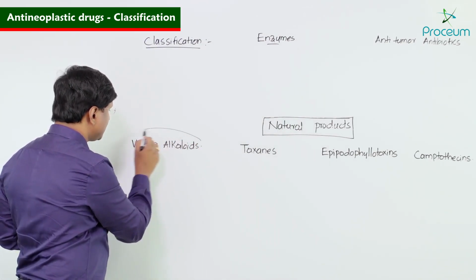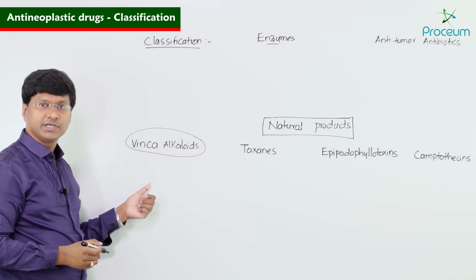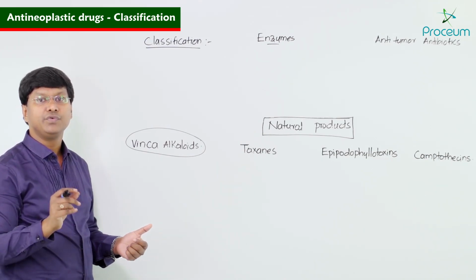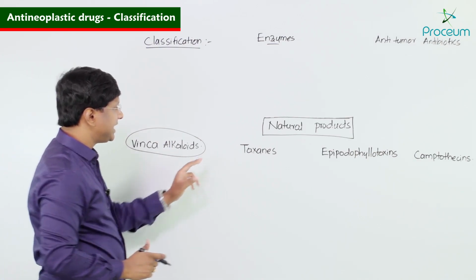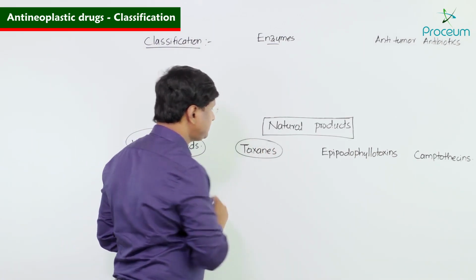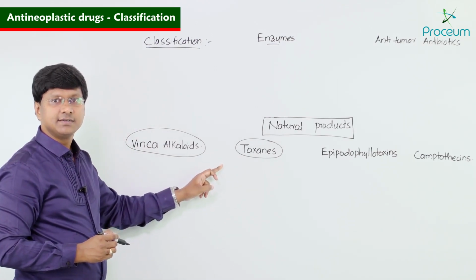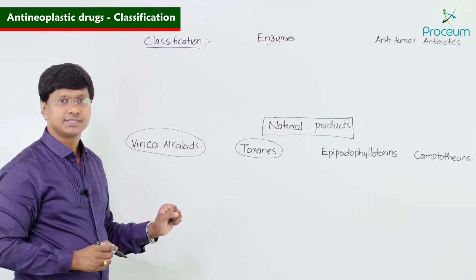Now let me tell you the Vinca alkaloids. The Vinca alkaloids include vincristine, vinblastine, and then vinorelbine. They are your Vinca alkaloids. You take taxanes. Taxanes include paclitaxel and then docetaxel. So these are your taxanes.